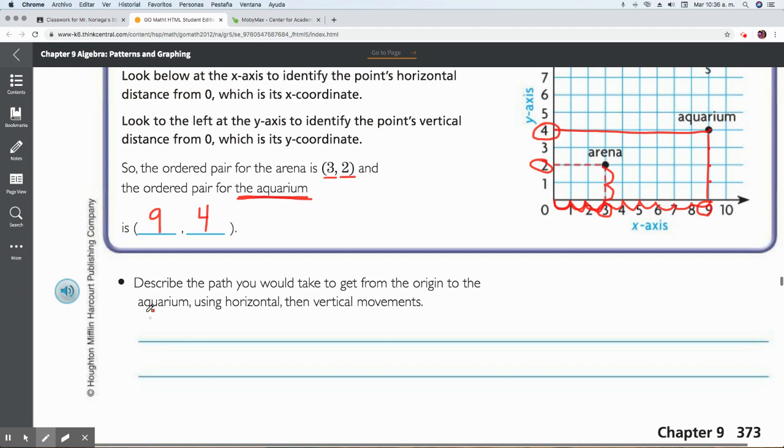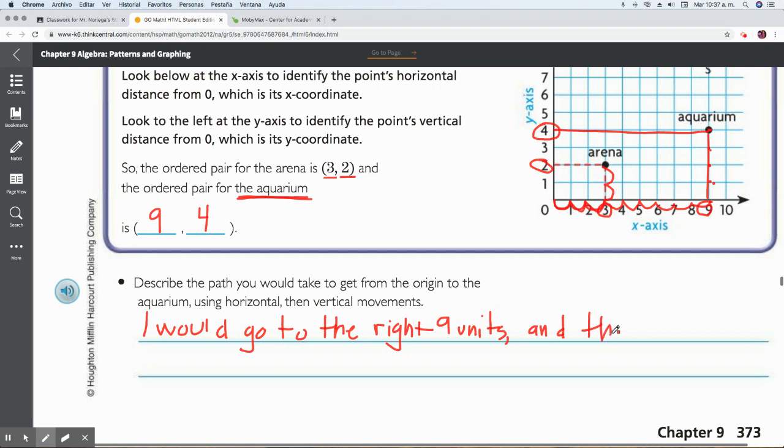So I will go to the right 9 units. What about going up? How many units did we walk from the x-axis to the location of the aquarium? 1, 2, 3, 4.